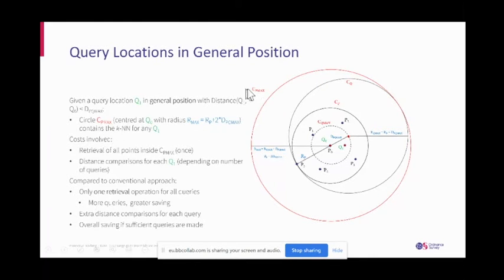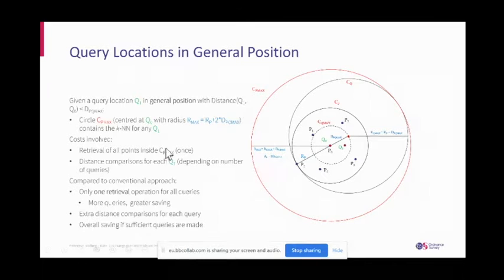The circle CP max, centered at Q0 with a radius R max equal to RP plus 2 times the distance dpq max, will contain the k-nearest neighbors for any Q1 inside the dashed circle. So if we know RP and dpq max, we can use this to retrieve a set of points which will be used to find the k-nearest neighbors for any Q1 inside this circle.